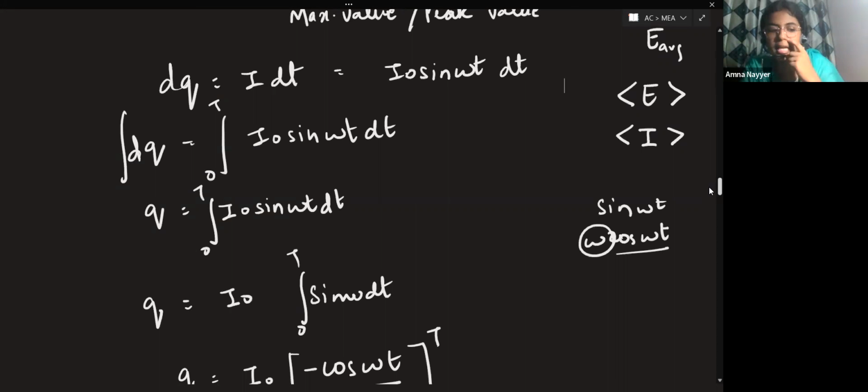It's just the half cycle. Full cycle means one complete rotation of the EMF coil, or the AC dynamo, and that becomes the time period.